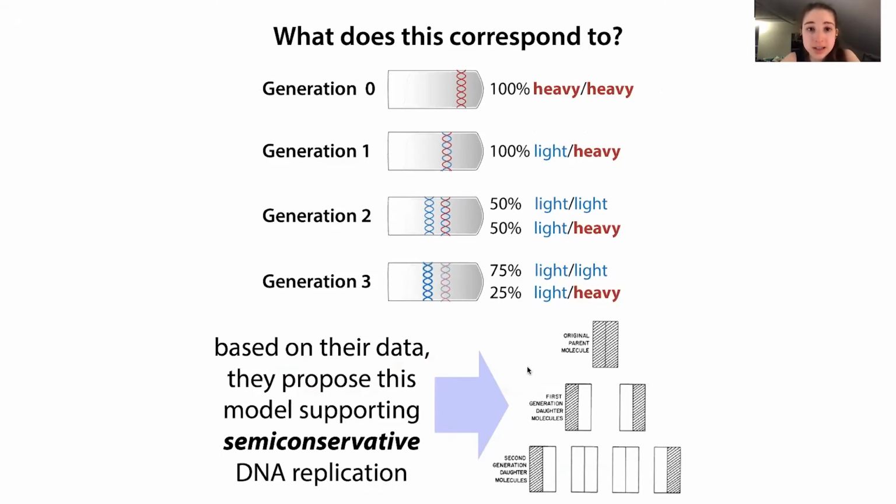And so this is what they saw, and this is how they were able to interpret their findings. Based on their data, they proposed this model supporting the semi-conservative manner of DNA replication, where the original parent molecule gets split, each is used to make a template of the other, and then those get split and each is used to make a template of the other.